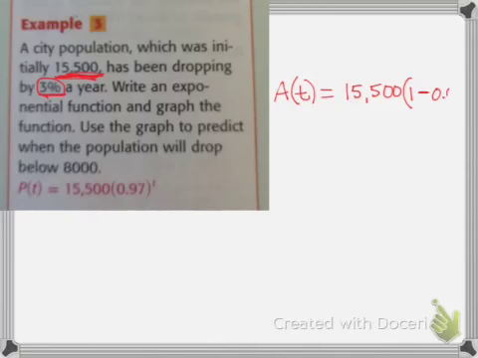And when I convert that 3% to a decimal, it looks like that. And I'm going to raise it to the t. You'll notice the answer here is given to us. And all they've done is they've simplified that 1 minus the 0.03.